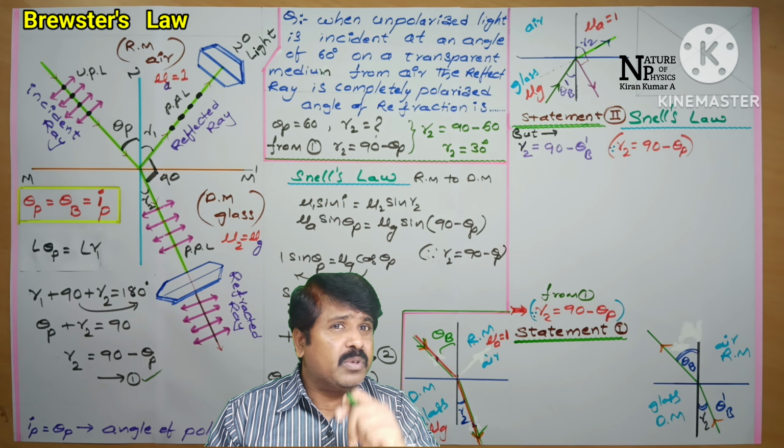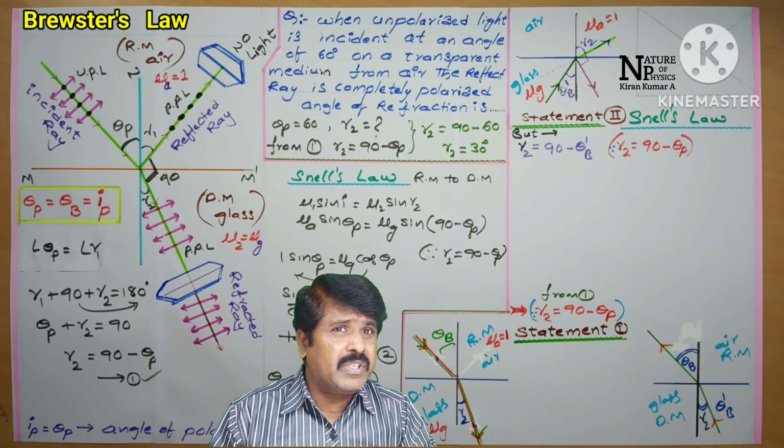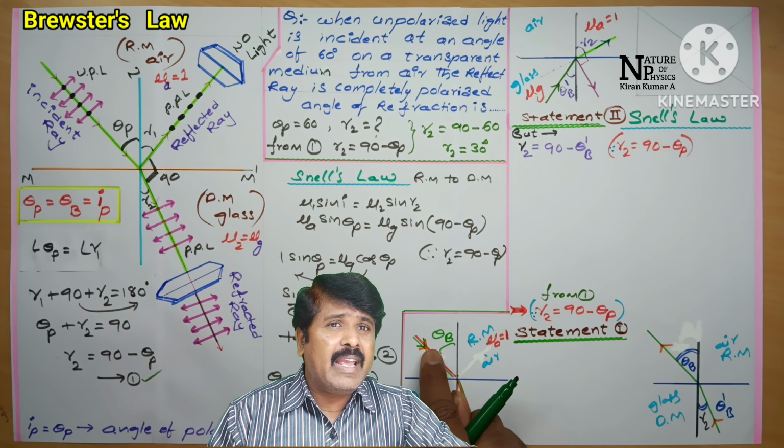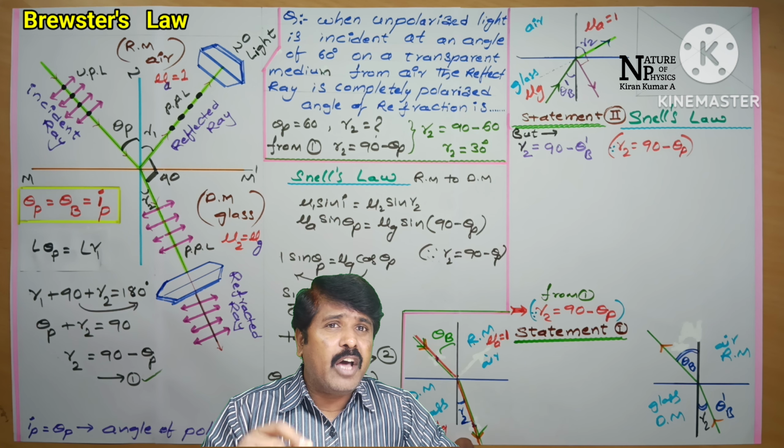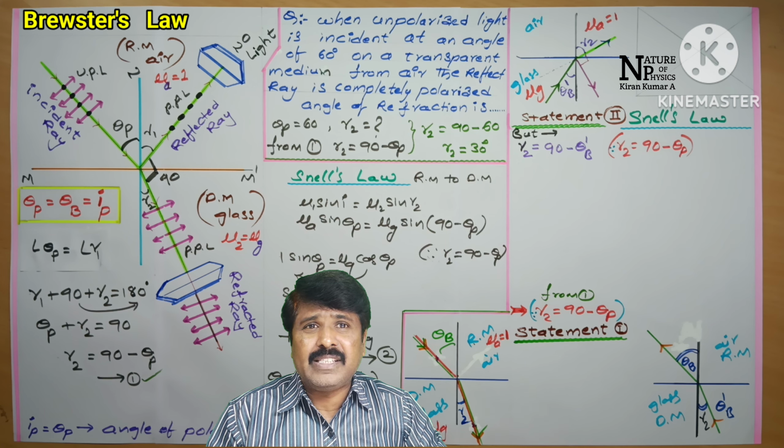In the question, it is clearly mentioned in the first statement that the angle of polarization is the Brewster angle theta b, and R2 is the angle of refraction.